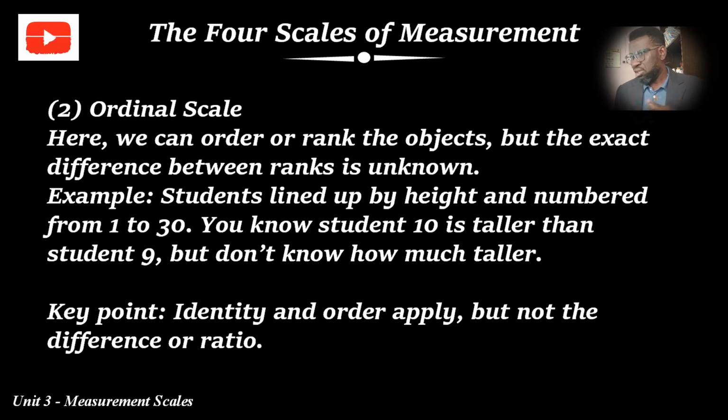Student 10 is taller than student 9 from the order. Remember, ordinal skill is just about order or rank. The key takeaway here is that identity and order apply, but not the difference or ratio.